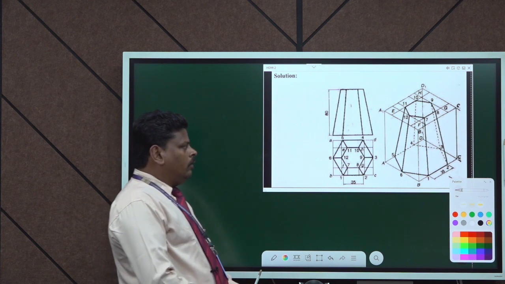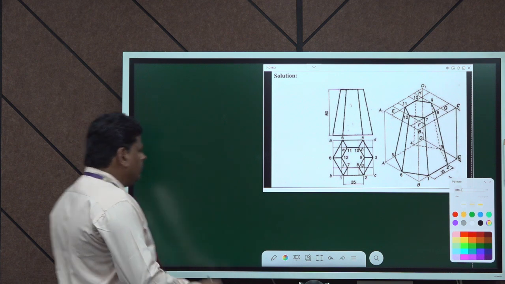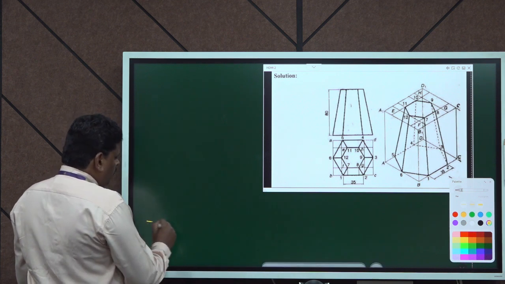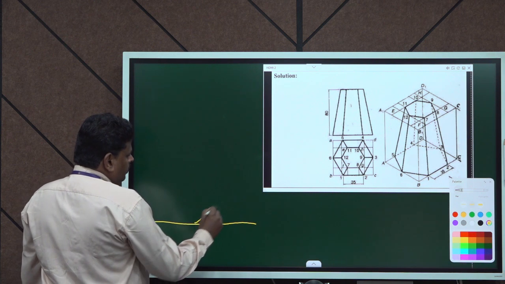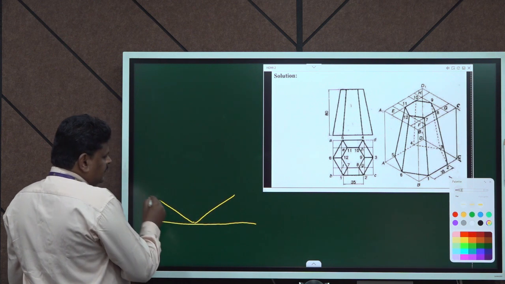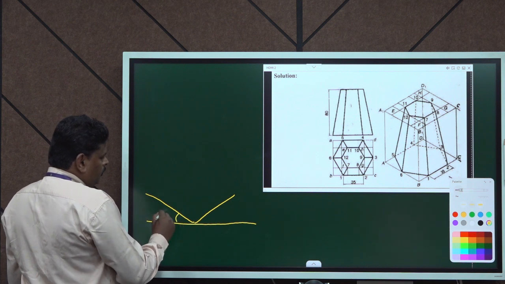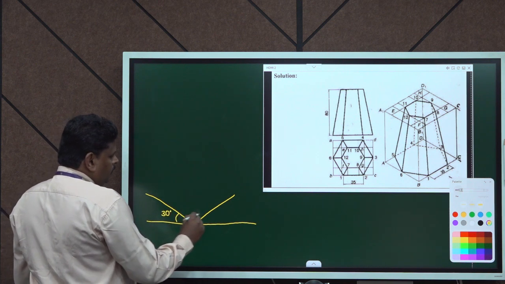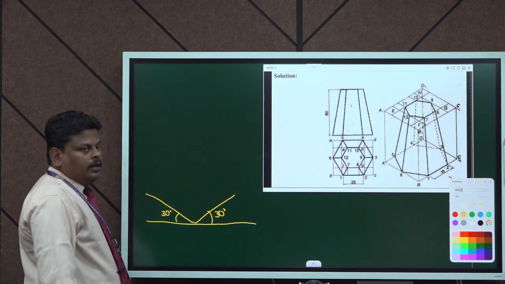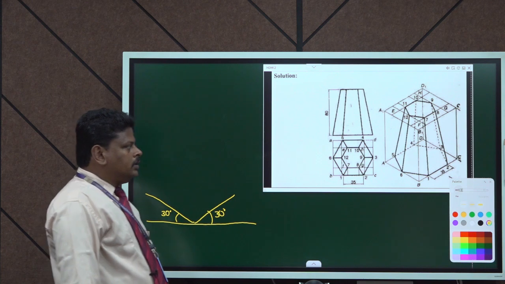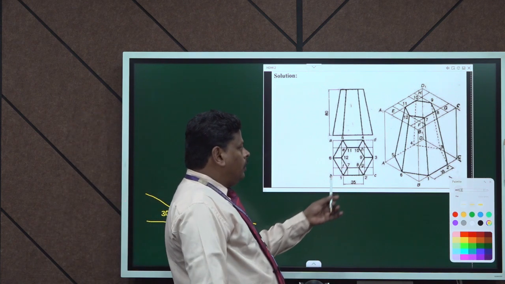Now for drawing the isometric view, we need to draw the isometric axes on both sides, which will be taken at an angle of 30 degrees.